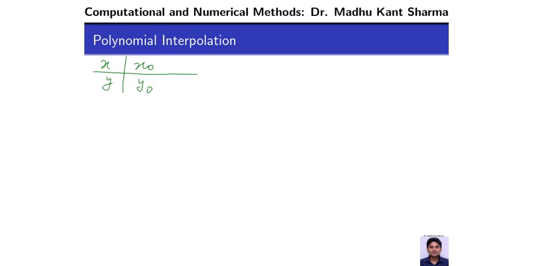With a given point, the interpolating polynomial will be the constant polynomial p of x equals y0 for all x. So this satisfies the interpolating condition, p of x0 is y0, right? And this is a polynomial of degree 0.